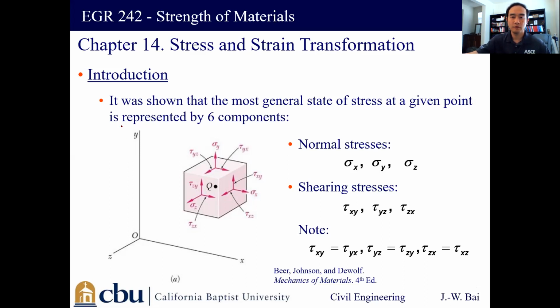Here we have a stress block, which we call the tensor. This is a small chunk of your body, based on a three-dimensional coordinate system with an x-axis, y-axis, and z-axis. We can create this stress block parallel and perpendicular to all three dimensions.